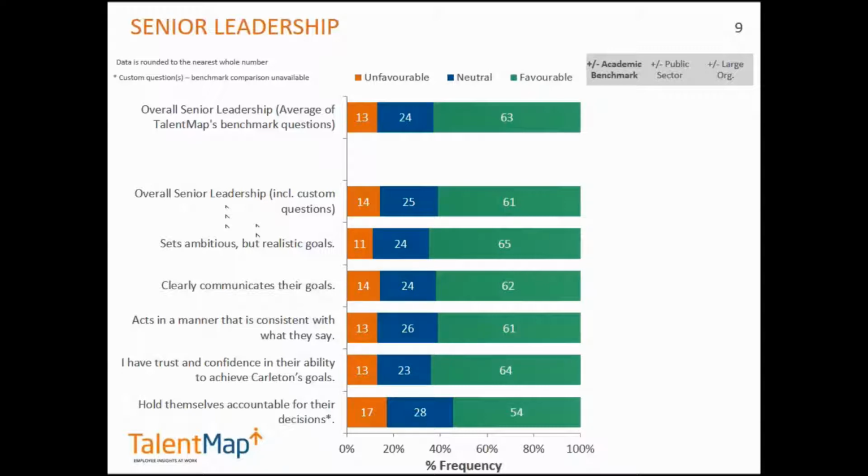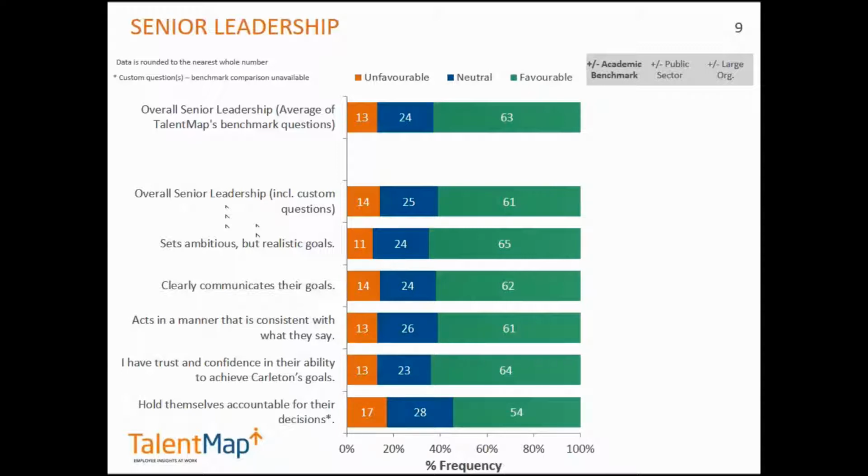If you're like most people, without any other context, you would say, it's okay, but really we should be doing a little bit better. We should have more people with a better perception of senior leadership. That would be my take without seeing anything else, and when you show this to a leadership team, that would probably be their take as well. You can comment in the questions box or ask me a question a little later and differ with that, but just take that at face value.